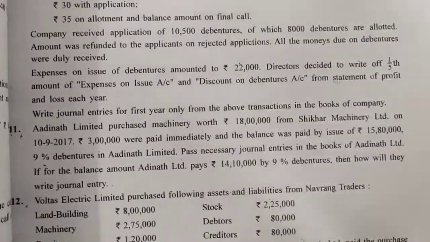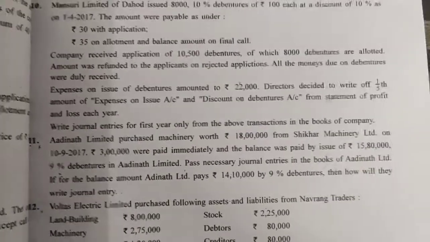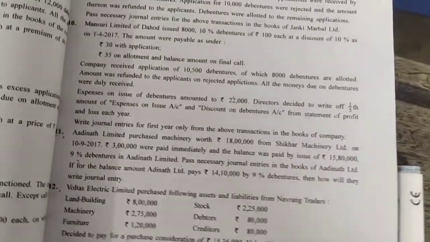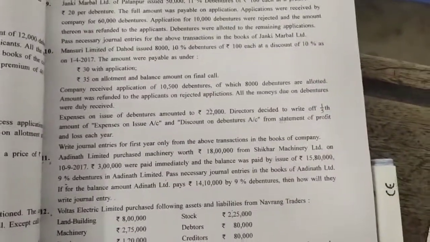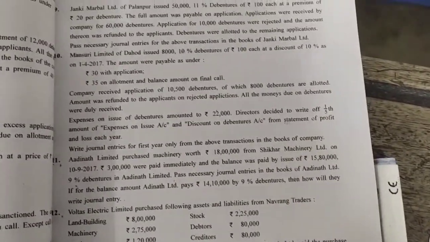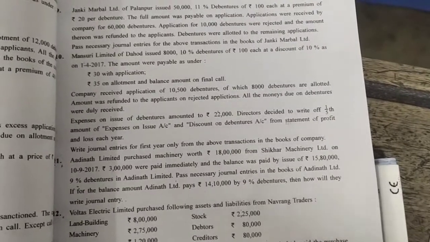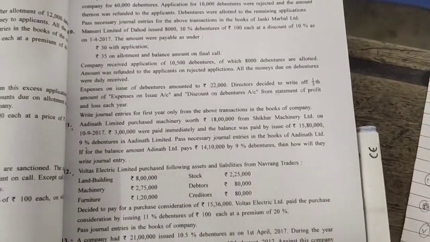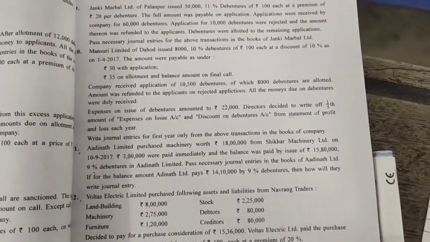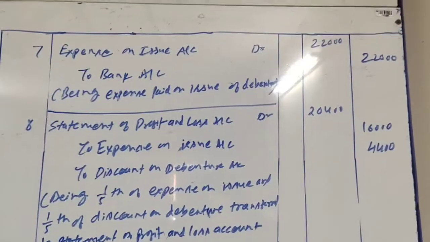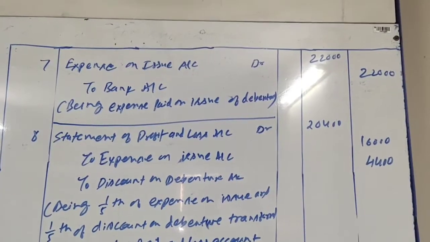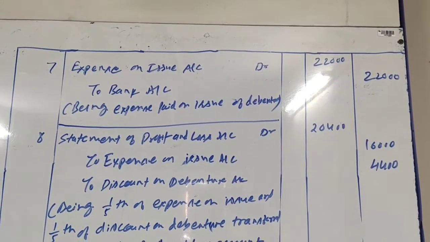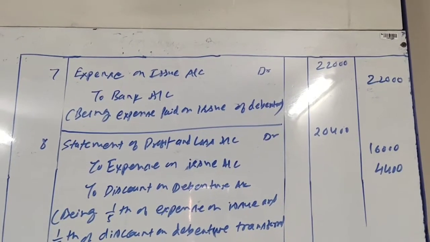That means we are required to pass the entry for the current year. First of all, this expense on issue is paid by the company. We know what entry is passed when expenses are paid: expenses account debit to bank account. So the entry is expense on issue account debit to bank account 22,000, being expense paid on issue of debentures.